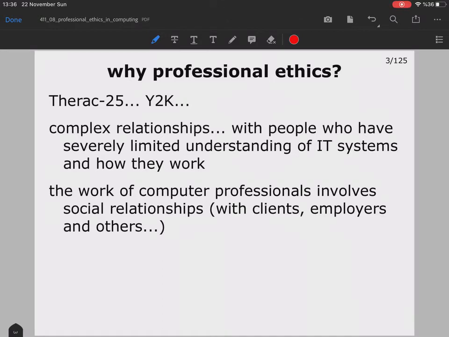And the work of computer professionals involves social relationships.